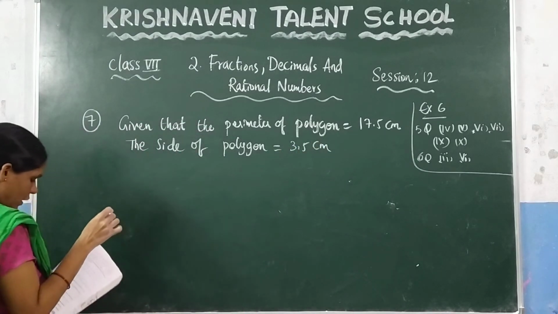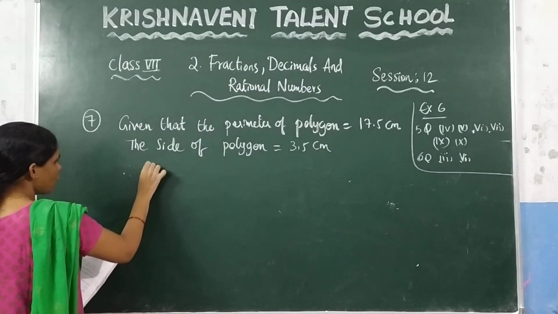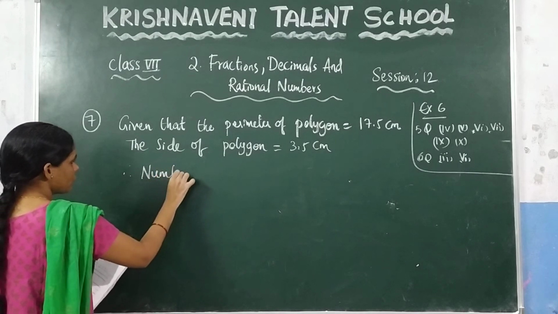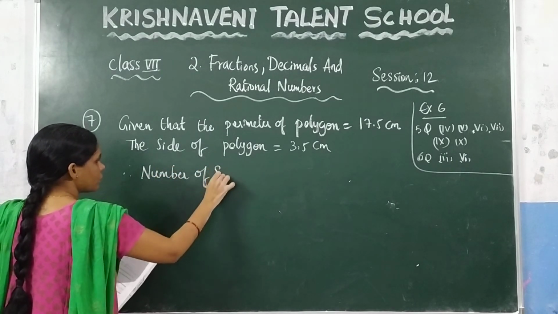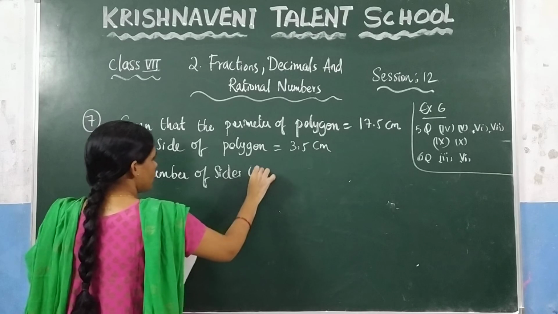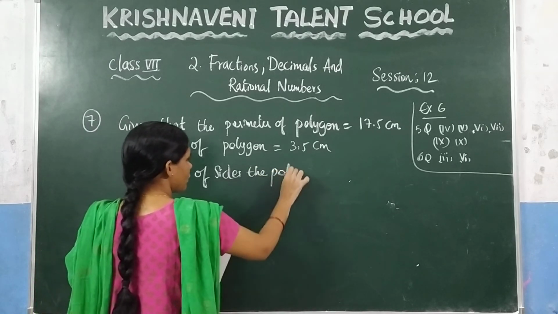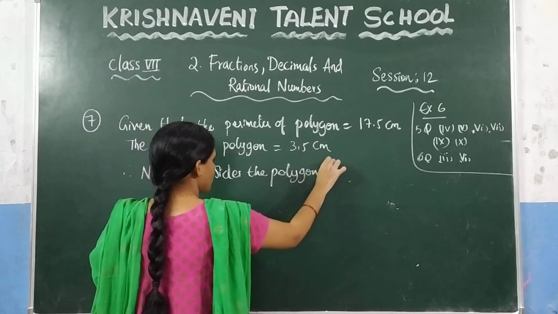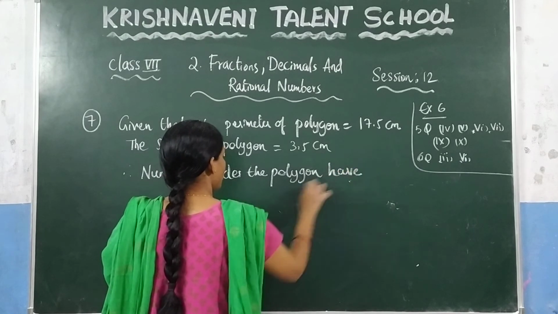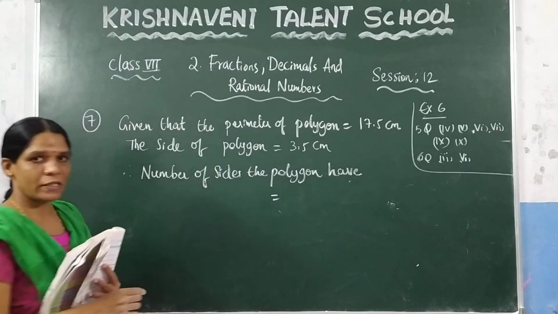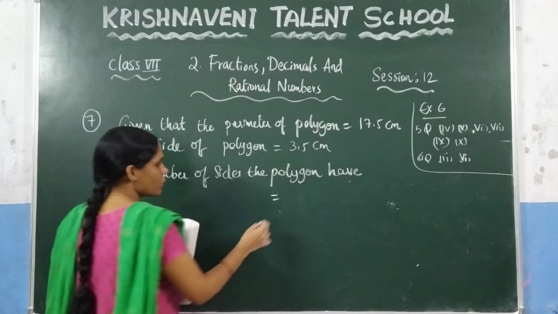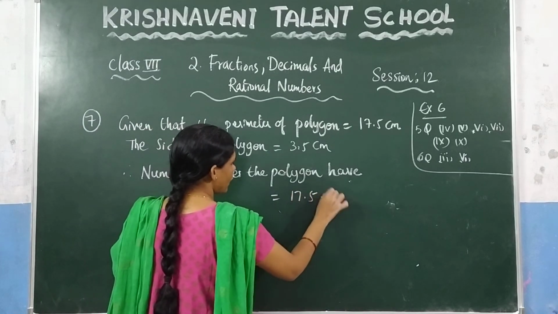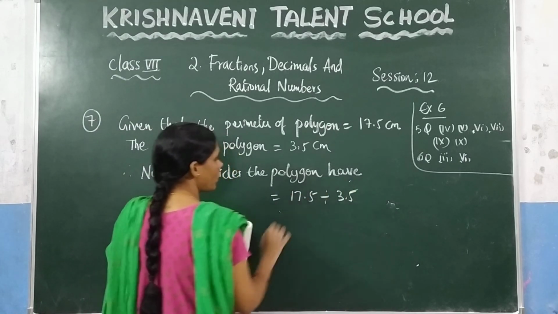Now you need to find the number of sides. Therefore the number of sides the polygon has. So if you want to find the number of sides, you need to divide the perimeter by the side. So here what will we get? 17.5 divided by 3.5.